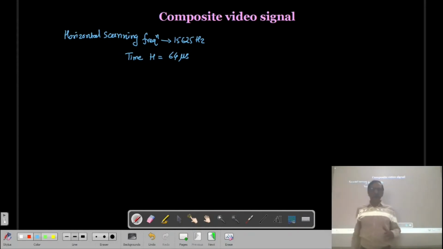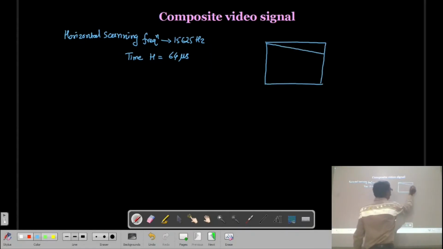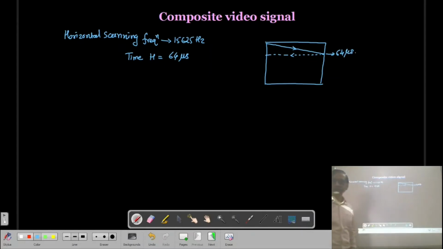Now remember, in 64 microseconds the electron beam moves from left to right. Here, if you have the screen like this, then this electron beam will move from left to right and again come back to the left side. So whatever the total time period is, this time period is 64 microseconds.